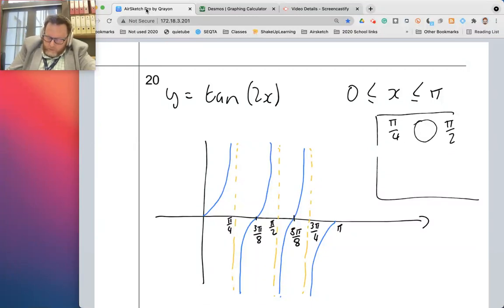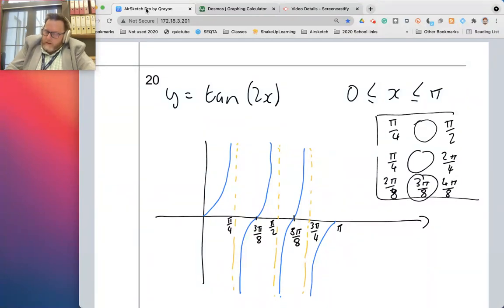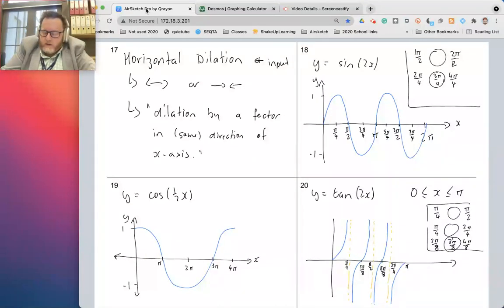So between pi on 4 and pi on 2, that would be 2 pi on 8 and 4 pi on 8, and now we can see it's 3 pi on 8. So you could do it that way instead if your fraction knowledge is a bit weak, but I get that the fraction knowledge is probably the thing that's going to be harder here.